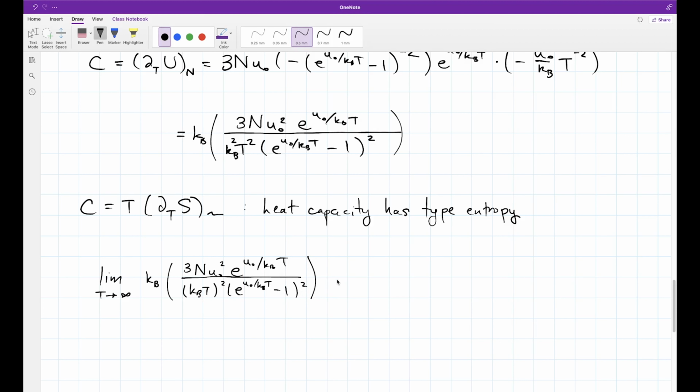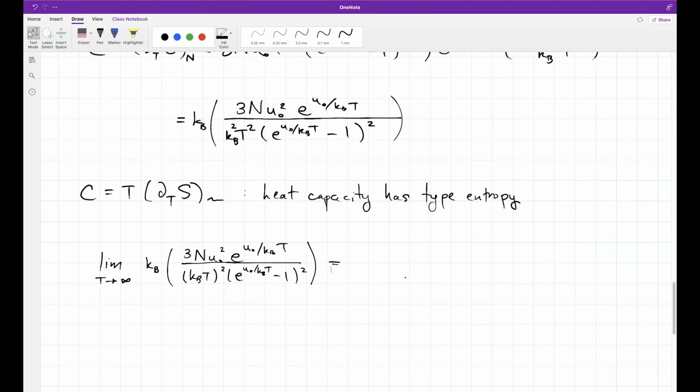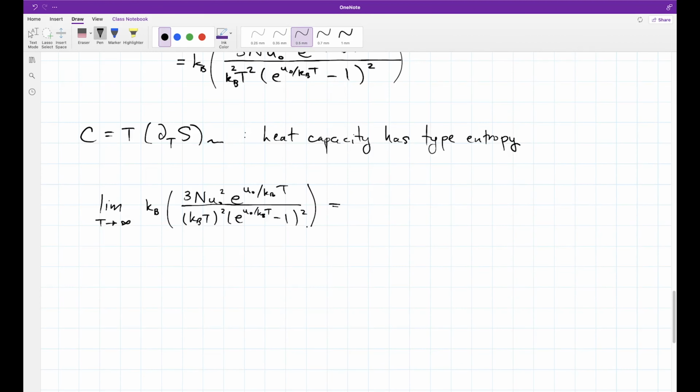Now, I won't go through this carefully because I think that it is not particularly useful for me to do so, and because I think that we can just use our high temperature expression for the energy in order to get an answer. Recall that the high temperature energy was U is equal to 3NkBT plus a constant.